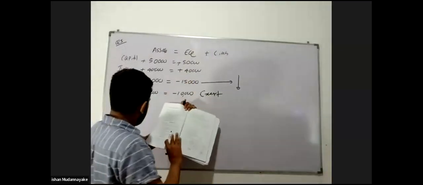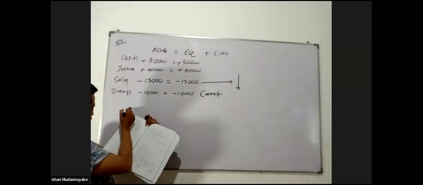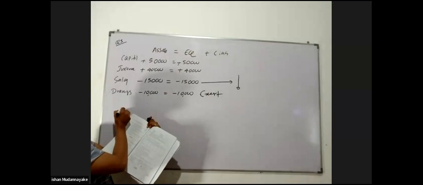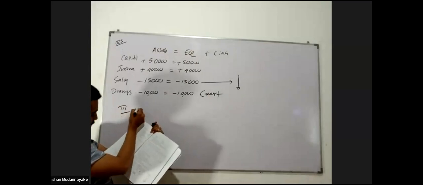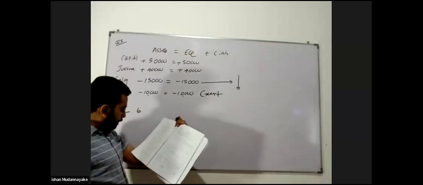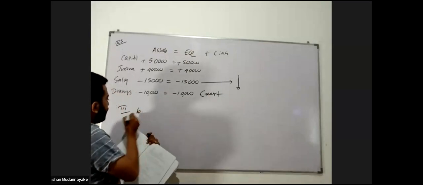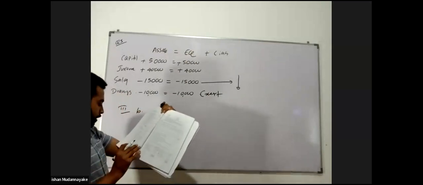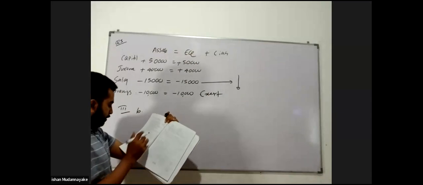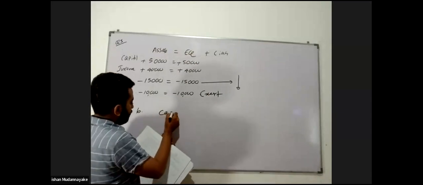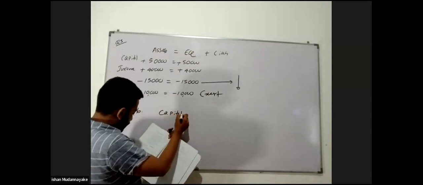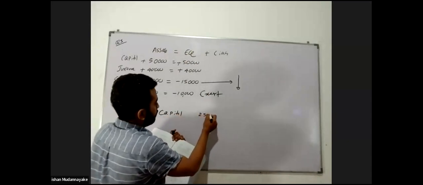Look at part B, question number 5, Roman number 3. Here, calculate the owner's equity. Opening capital 250,000.